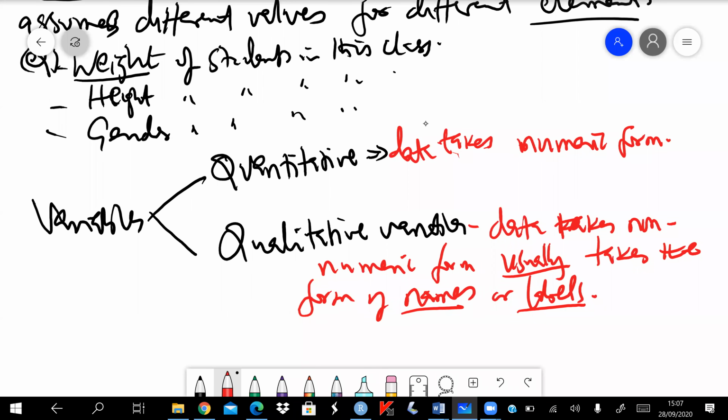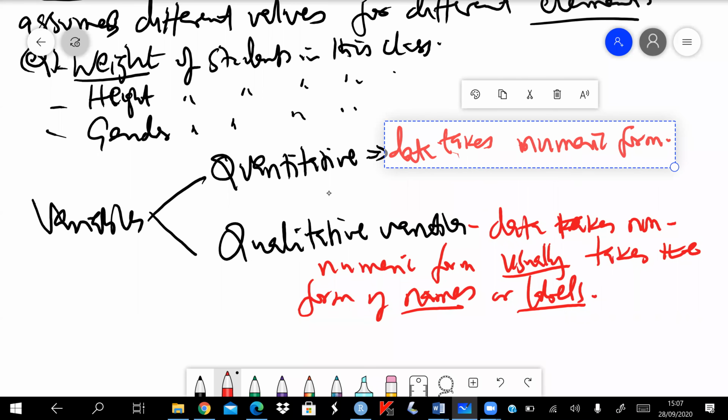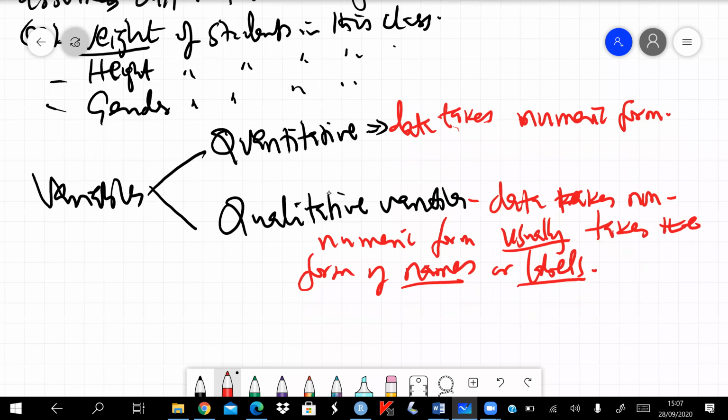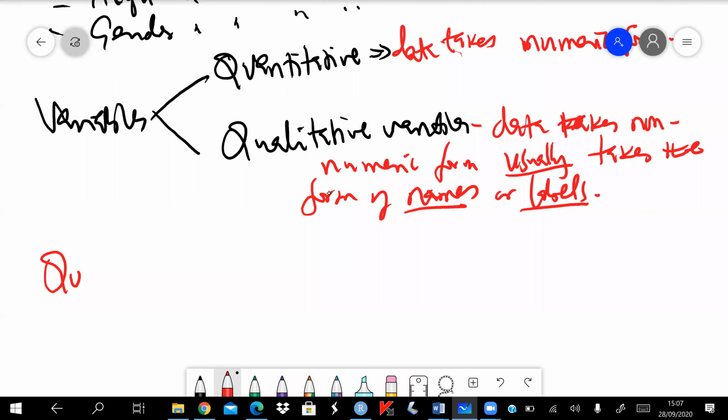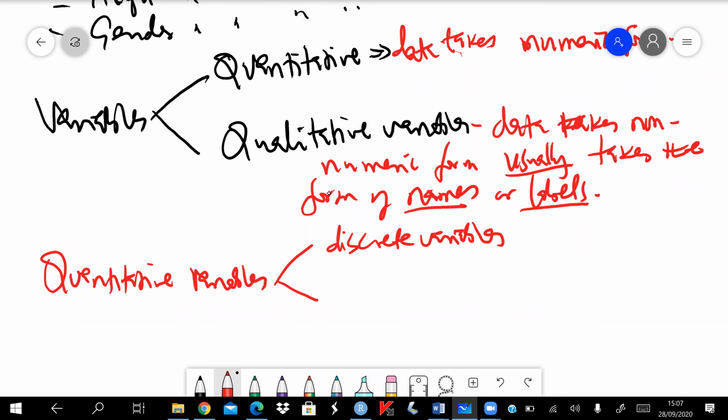Now our focus in this topic will be the quantitative variables. So I'll go further and show you the classification of quantitative variables. Quantitative variables are again classified into what we call discrete variables, and on the other hand we have continuous variables. So quantitative variables are either discrete or continuous.